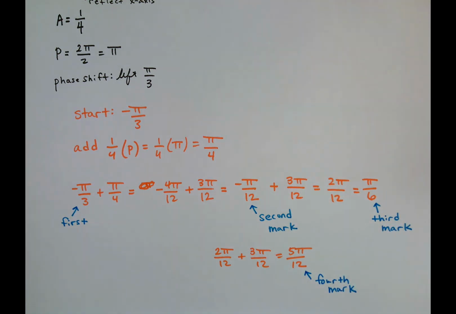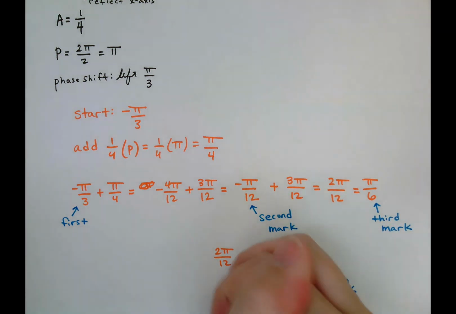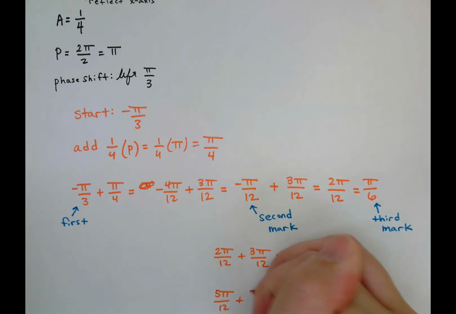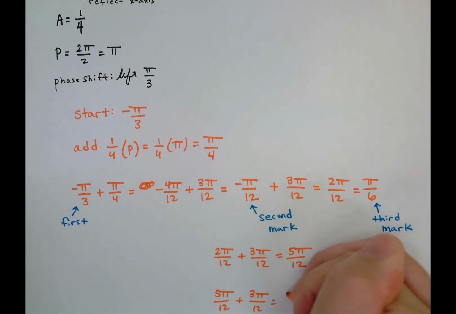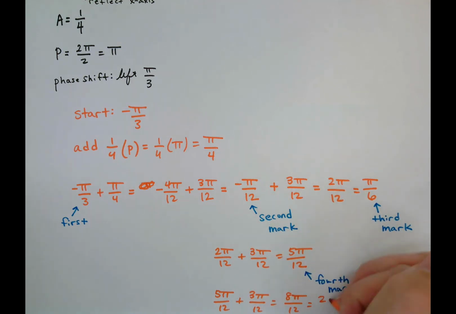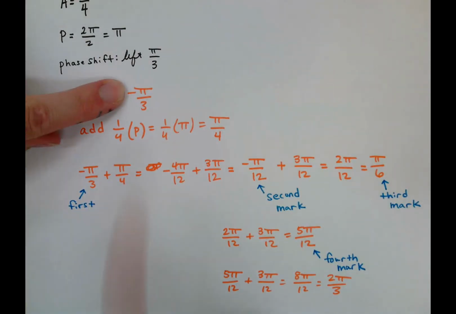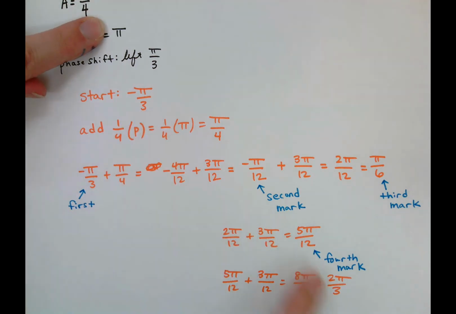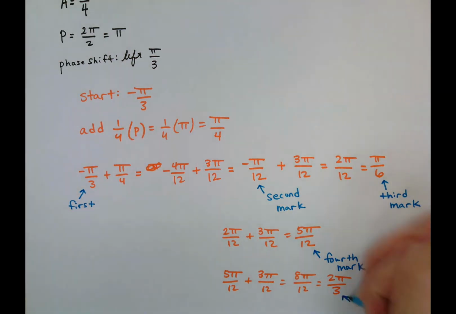Okay, and then to get my fifth mark, we take 5 pi over 12 and we add 3 pi over 12 again to get 8 pi over 12, or 2 pi over 3, which we already knew because 2 pi over 3, remember, is just simply my phase shift, negative pi over 3, plus pi, which gives me 2 pi over 3. So that's my fifth and final mark. Okay, so that's pretty tedious, but as long as you are just adding a fourth of the period and staying with that common denominator, then you'll get all of your marks.